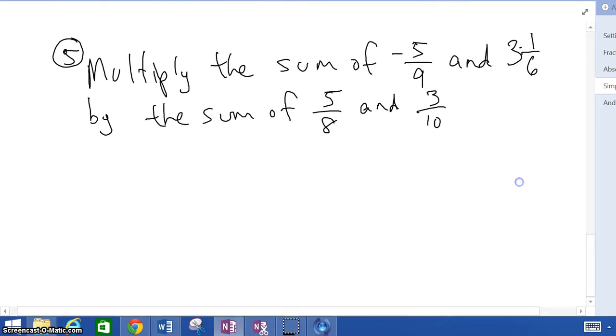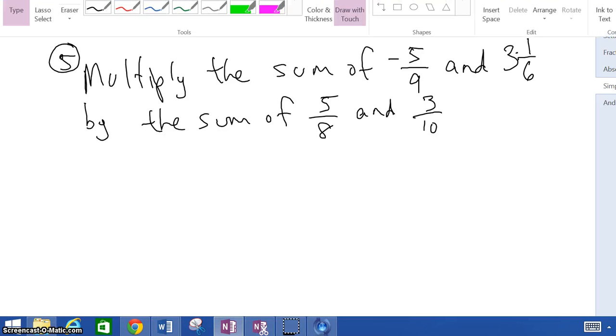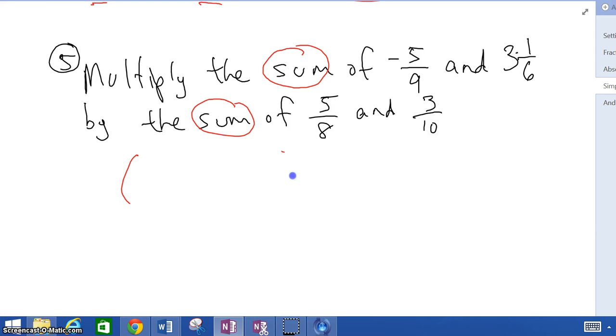Okay, the last type of simplifying problem that I could give you would be giving you in words some problem to solve. So for example, here I need the sum to be multiplied by something else. The sum multiplied by the sum. So that means you have something here times something here.